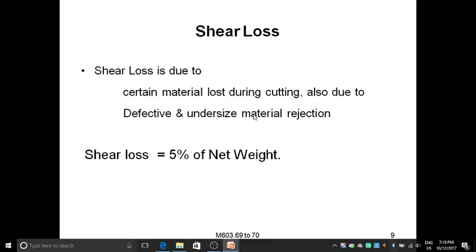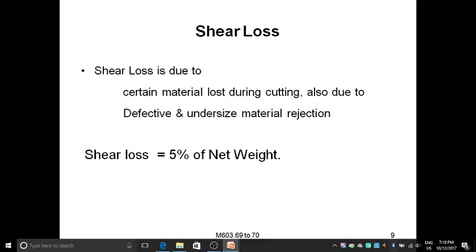If nothing is specified, you can directly consider 5% of the net weight. Even with the 2 centimeter length at the same diameter, you can calculate the volume, then multiply with the density to get the weight. We will see all these losses with examples.